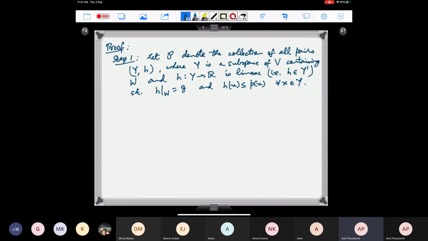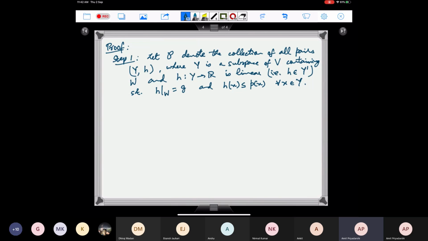So basically what we want is Y equal to V. So we want V comma F belonging to this P. That will mean that there should be some F which is a linear functional on V, and this F should be an extension of G, and F should also be dominated by P. So we'll show a maximal element exists, and then we'll show that the maximal element has to be the whole of V. So that is how we will prove this.